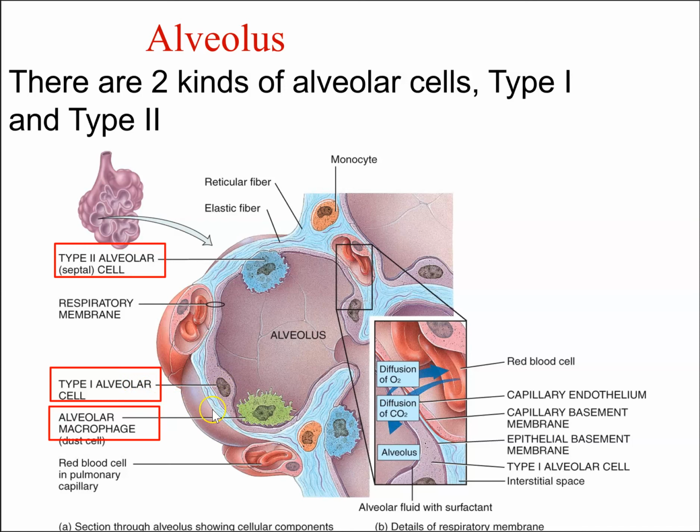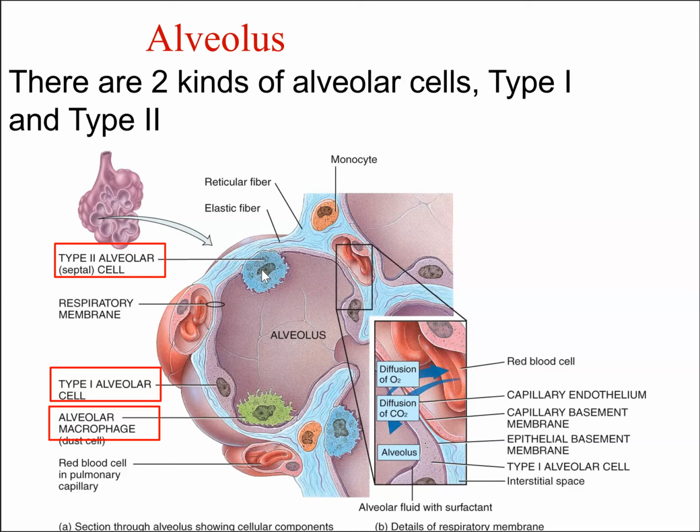So these are simple squamous epithelial cells. And then you have the alveolar type 2 cells. The type 2 alveolar cells secrete surfactant. So the surfactant basically prevents the alveolus from collapsing. So it helps in lowering the surface tension.